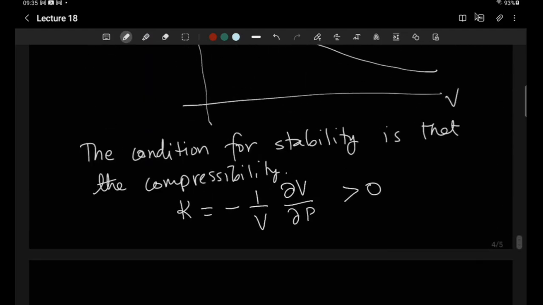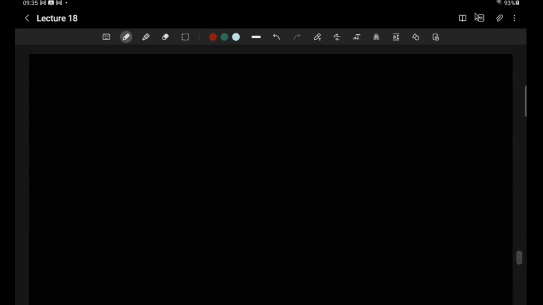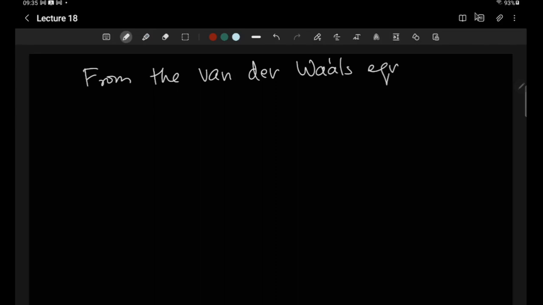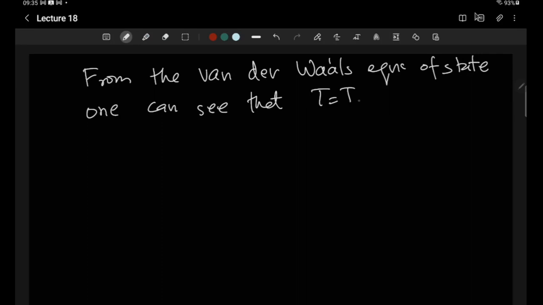So the point here is, on the van der Waals, one can see that at that critical temperature, T equal to Tc, dP by dV will be 0.